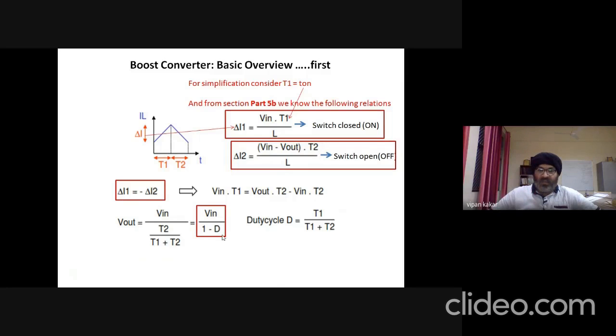In that case, if duty cycle is 1, we can have an infinite value of output voltage. But duty cycle cannot be 1. So just by putting any value over here, V out will always be larger than V in. So this proves the concept of the boost converter, that output voltage has a larger value compared to input voltage.